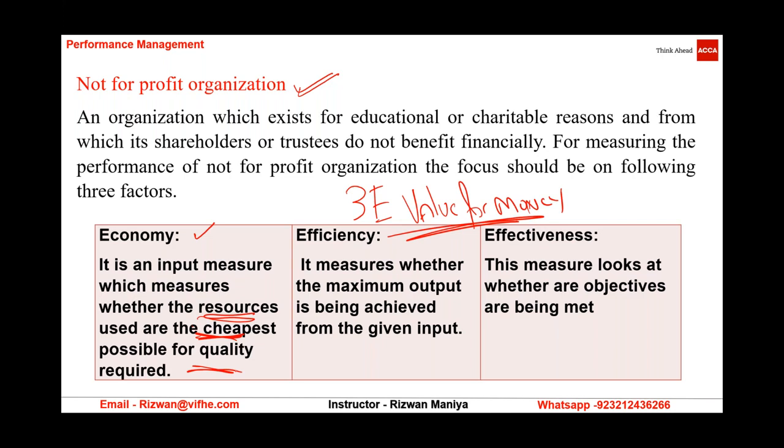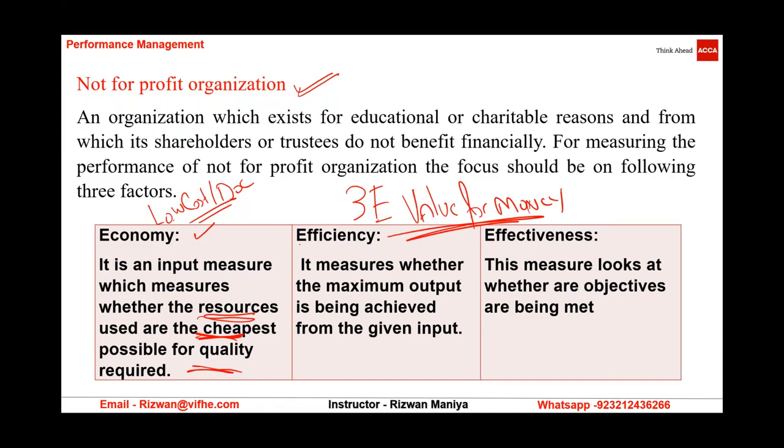For example, for a hospital, a doctor is a resource, so you would say there should be a low cost per doctor. For an institution, you would say there should be a low cost per teacher. So a teacher is an input resource, a doctor is an input resource. Economy says that whatever you input should be the lowest possible input for the required quality.